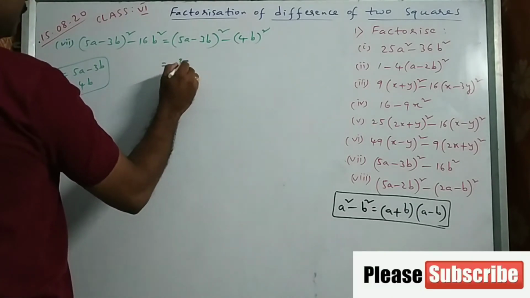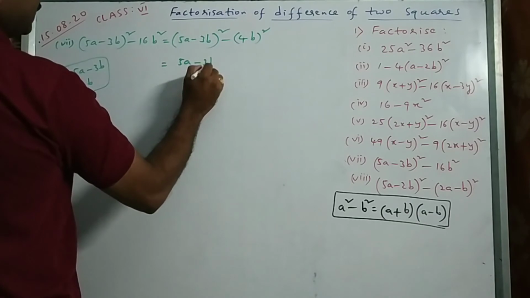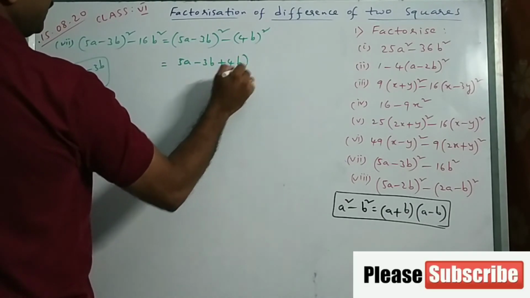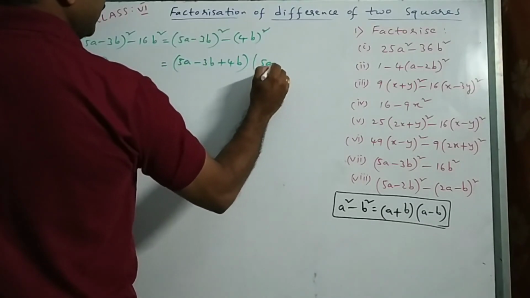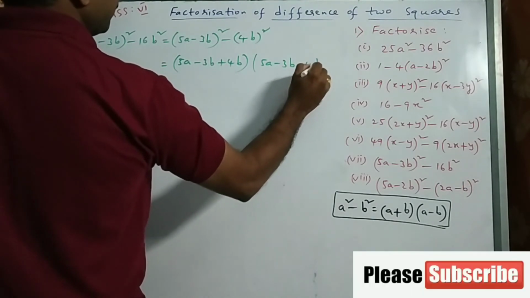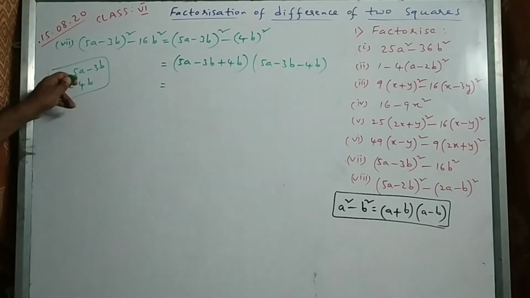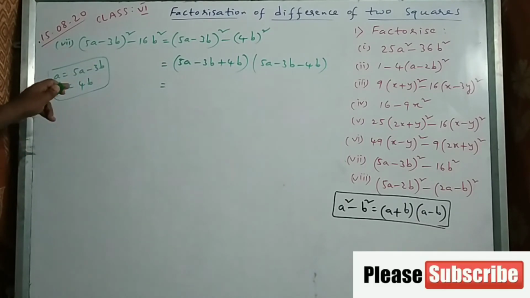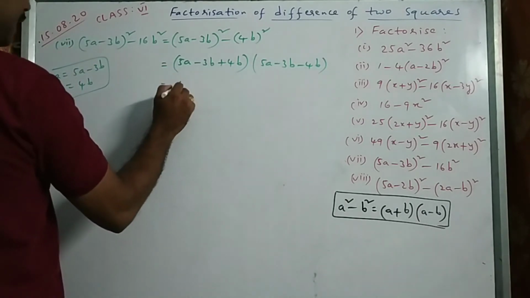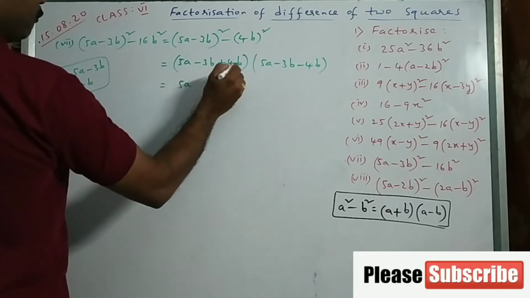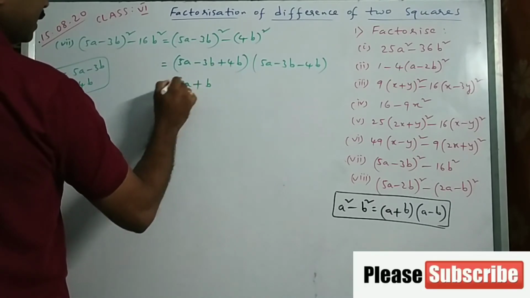So a plus b into a minus b, where a value is 5a minus 3b and b value is 4b. So (5a minus 3b plus 4b) into (5a minus 3b minus 4b). Okay? 5a, 4b minus 3b, 1b.